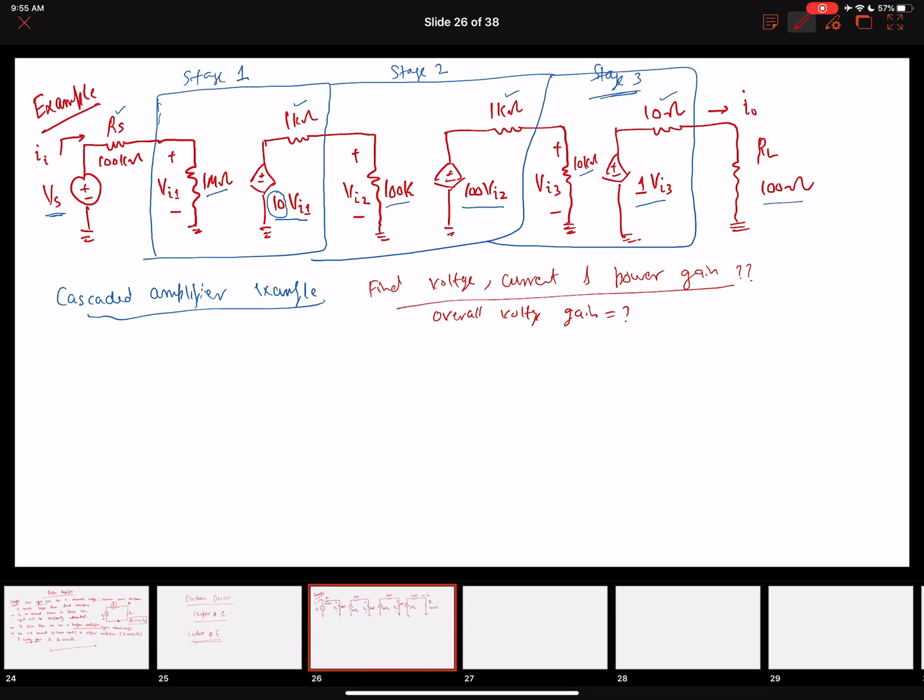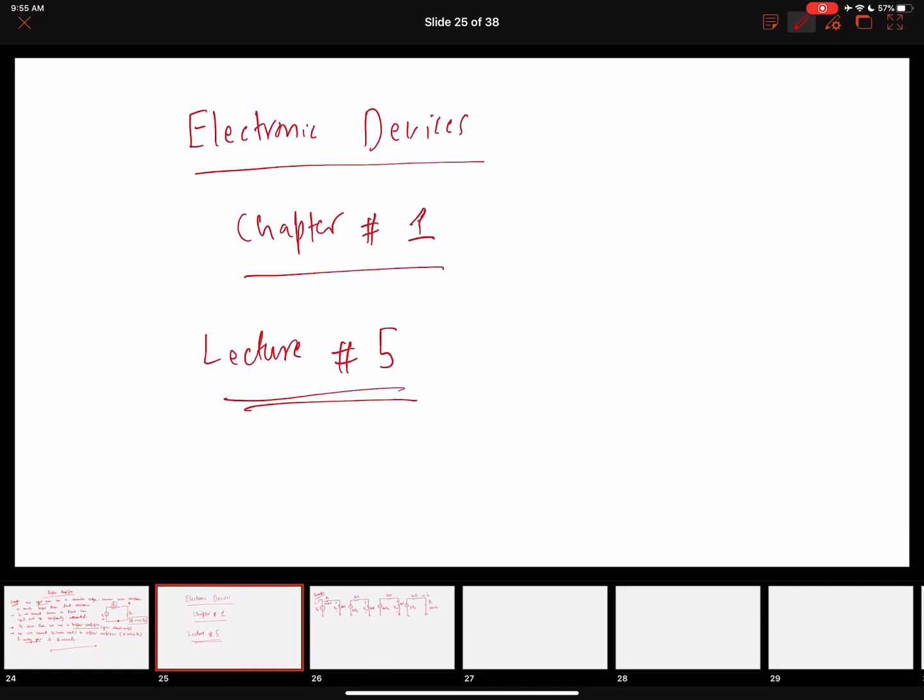Okay, so let's solve this problem. Solution. So the easiest way to solve this is, let me write these things down. All the resistance values, that is going to help us solve this quicker. So we have 3 stages of an amplifier.